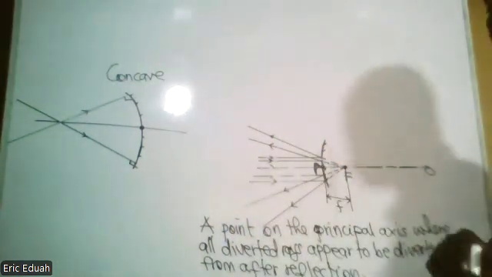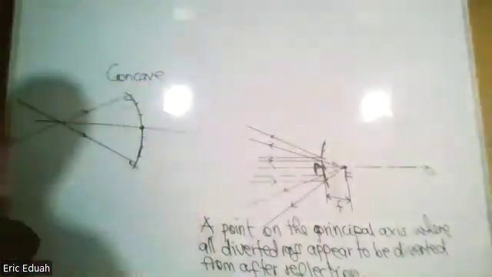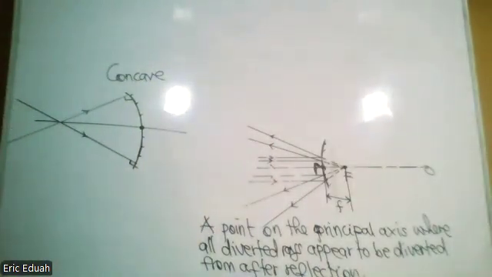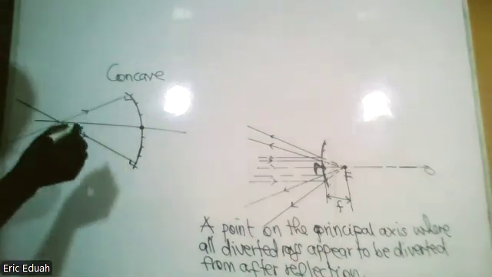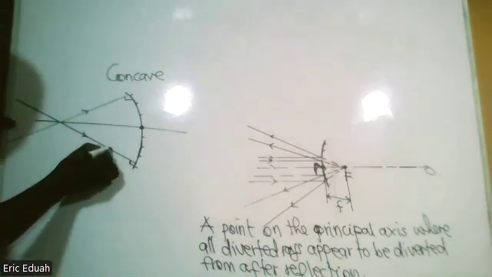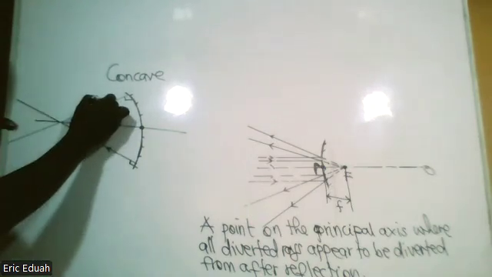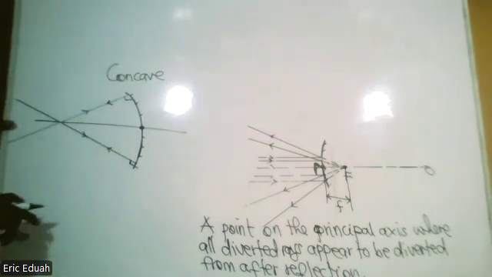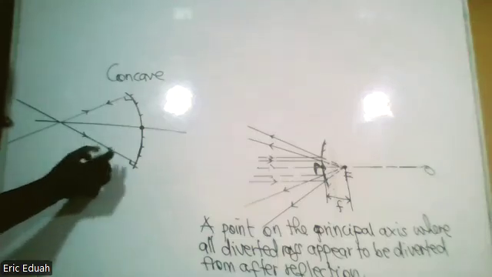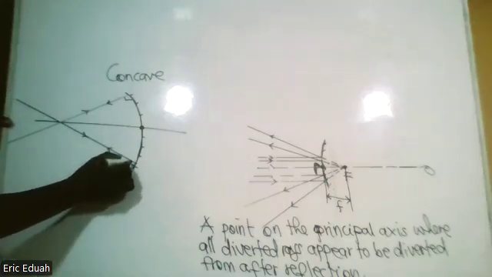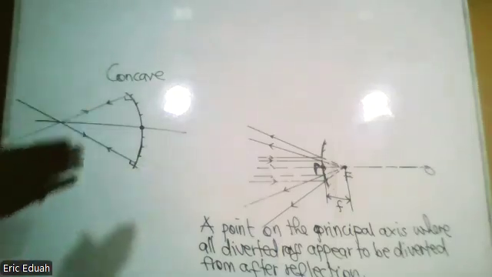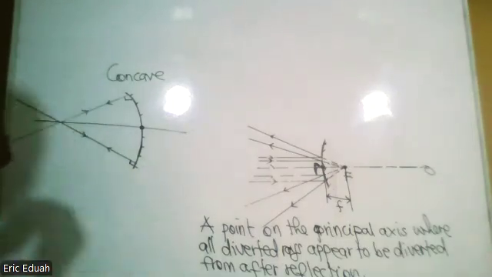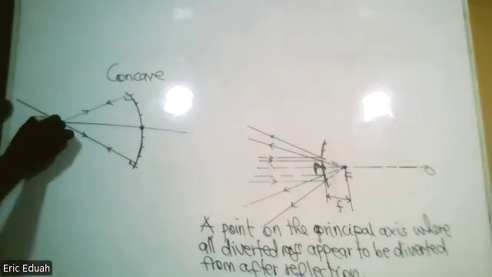What is that special thing? The moment the ray hits the mirror at 90, no matter where the ray is coming from, it will reflect along the same path. So after reflection, the reflected ray takes the same path and all pass through a point, or converge at a point, on the principal axis.